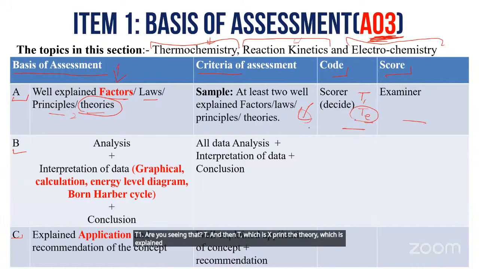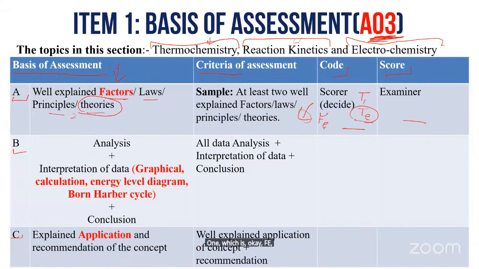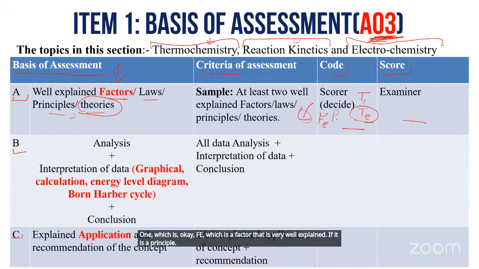If it is a factor, we can have a code FE, which is a factor that is very well explained. If it is a principle, we can have a code PE. That's why I've said that a scholar will decide on which code to put.